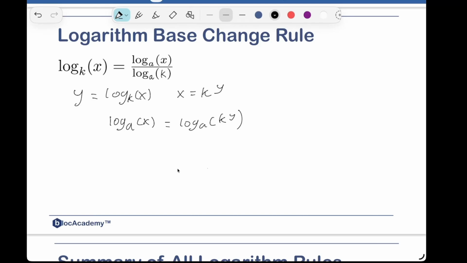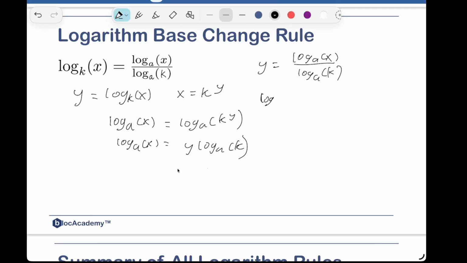We're going to end up getting log a of x equals y log a of k, which means y equals log a of x over log a of k, which means since y equals log k of x, we know that log k of x equals log a of x over log a of k. Now you can pick any arbitrary base you want, but this is just a property that will hold.